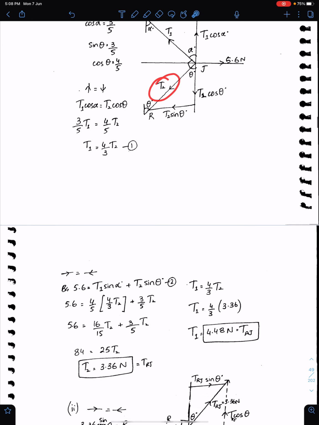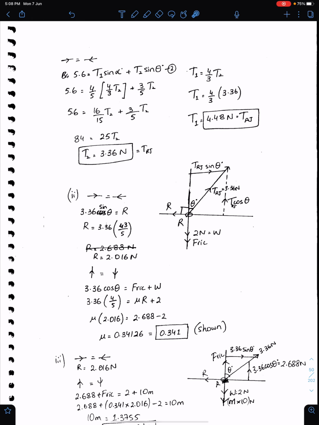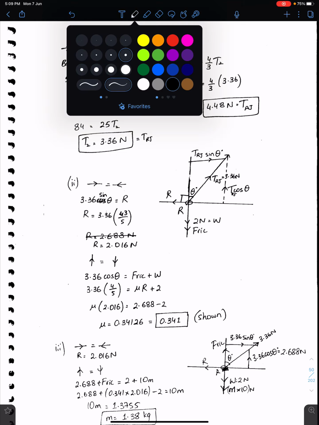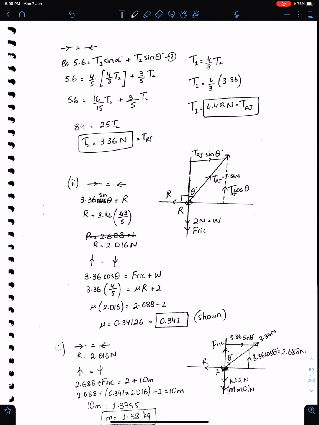So this T2 has two components. This is T2 sine theta and this is T2 cos theta. So you need to equate R with this, and T2 cos theta with the sum of these two. So 3.36, T2 sine theta is equal to R. This is sine theta.